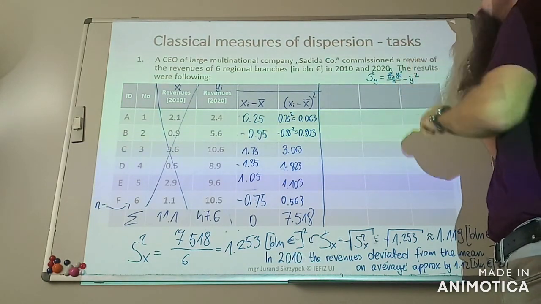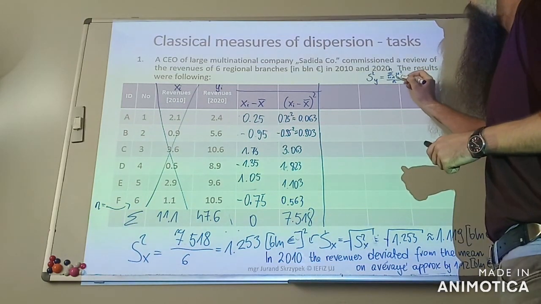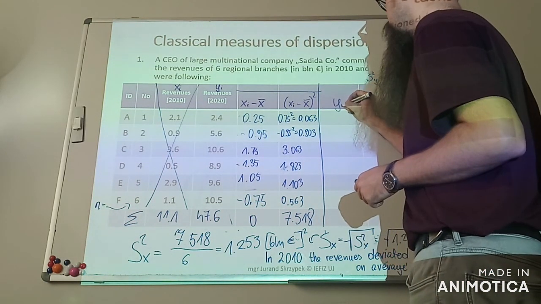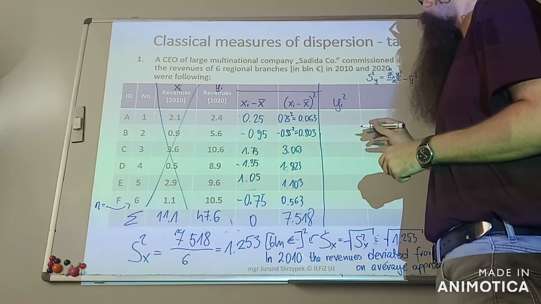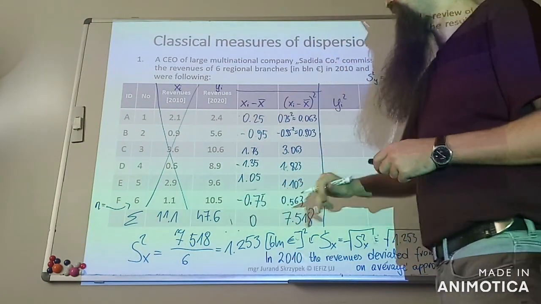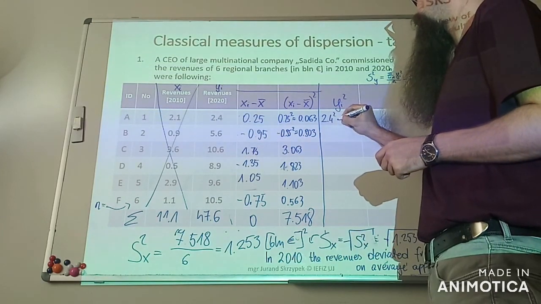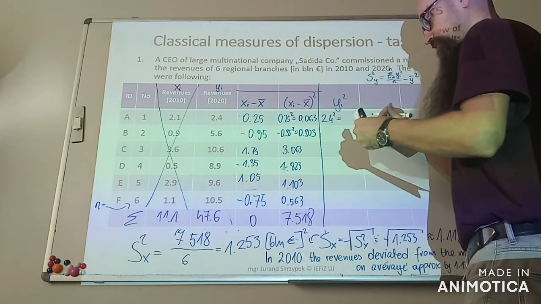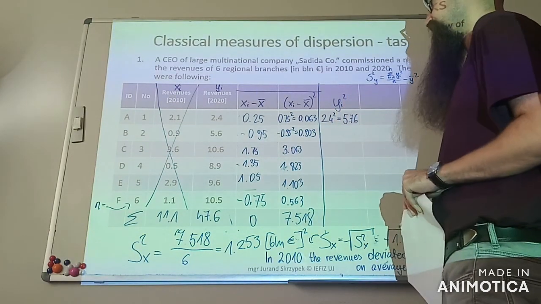Please look inside the formula. In the first stage, we need to square the values of the variable y. Here we have the variable y values, so in the first step we raise 2.4 to the power of 2, and the result is 5.76.